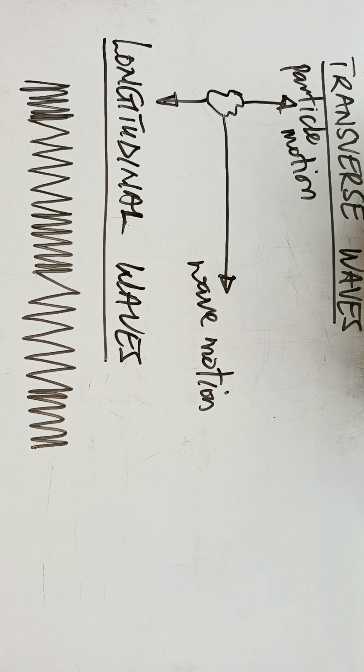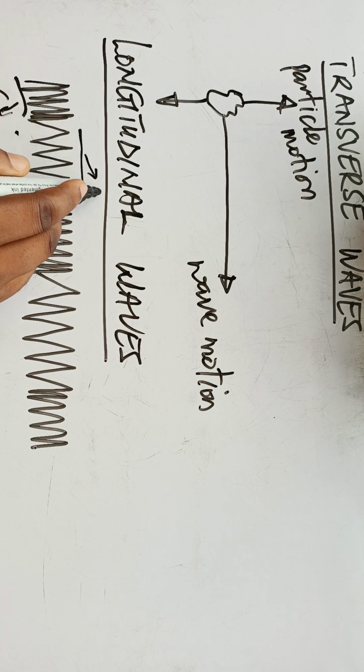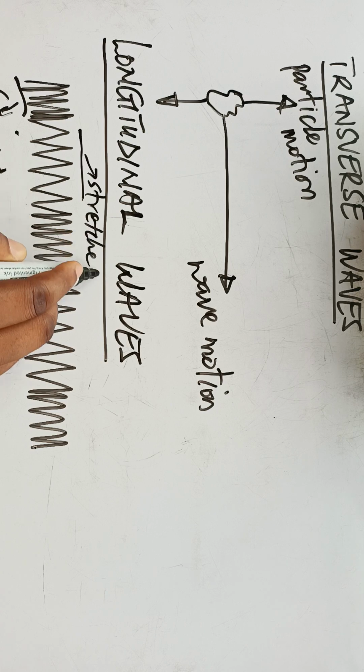With this slinky spring that I'm demonstrating here, we can tell that parts are compressed and parts are stretched. This part you see here is compressed, but this part here is stretched. So part is compressed and part is stretched.